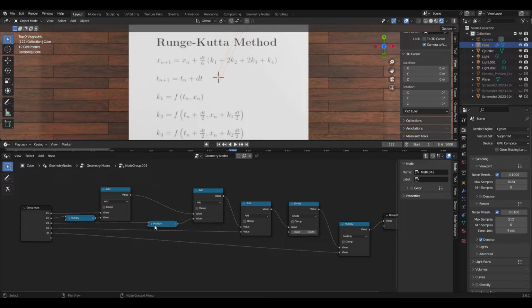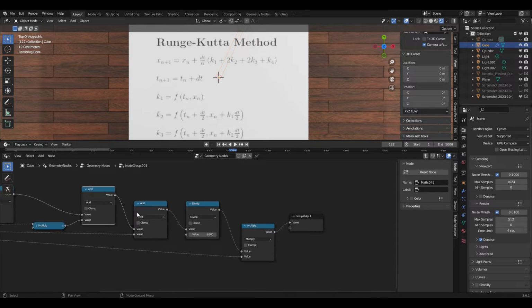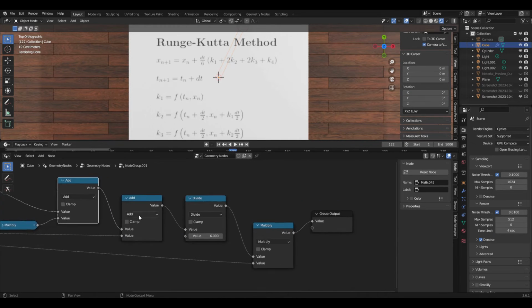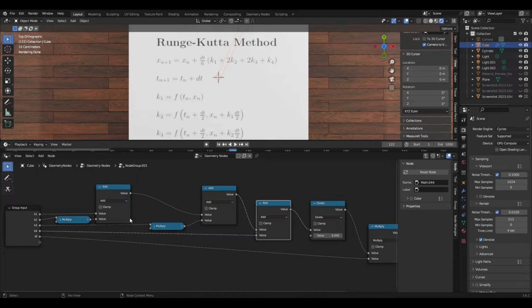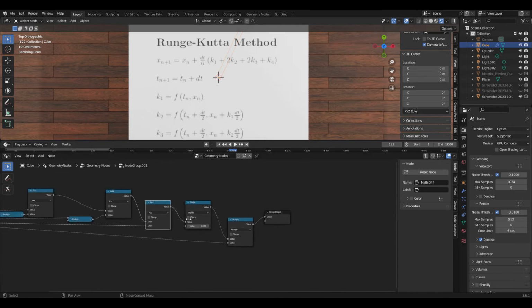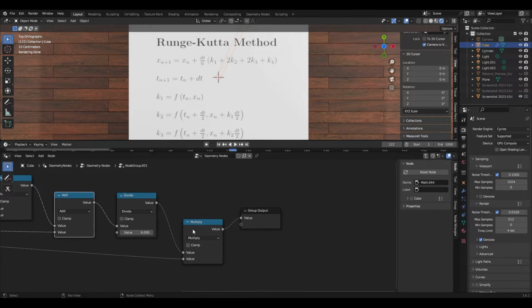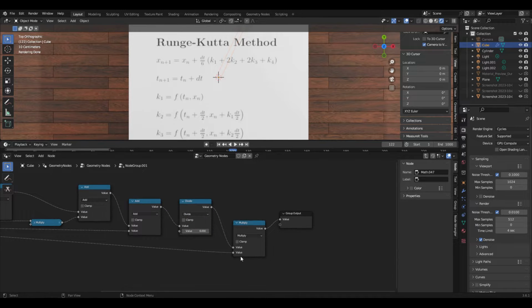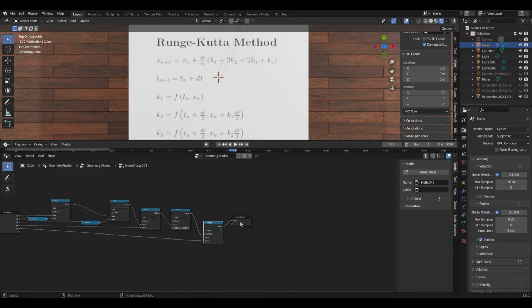And so this is just the summation there, the delta t over 6 multiplied by K1 plus 2K2 plus 2K3 plus K4, and then that's added to the original x of n. And that gets you your x of n plus 1, sorry.